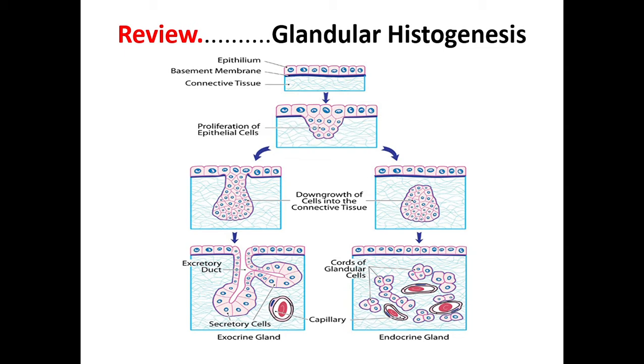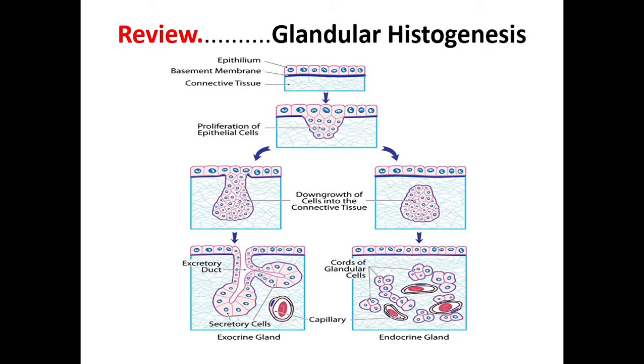For the endocrine gland, there will be detachment from the surface cells, so the group of cells that are formed will settle deeper into the tissue and will be located in the blood vessels of the tissue, forming into an endocrine gland.